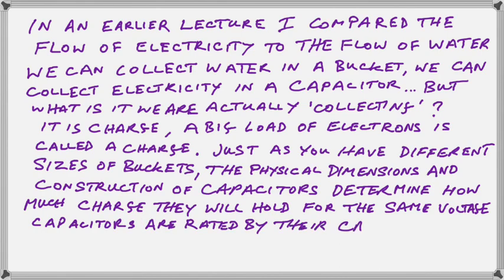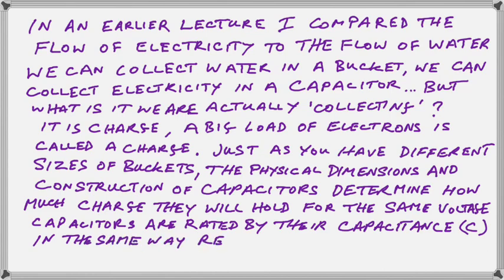Now we rate them by a thing called capacitance, which is for capacitors the equivalent of what resistance is for resistors. So we say capacitors have capacitance and resistors have a certain resistance, and we're good to go.